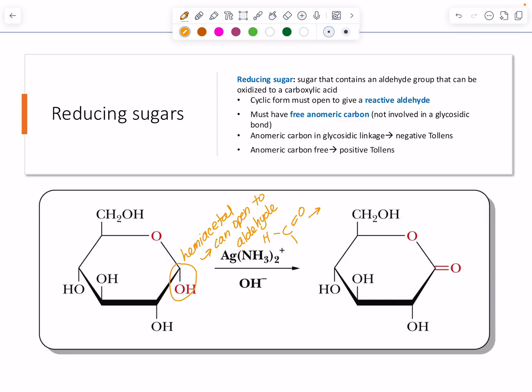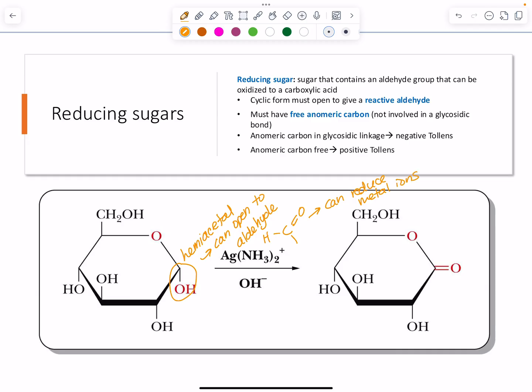Aldehydes open to reveal a free carbonyl group, and that's going to be able to reduce metal ions. So this here can reduce metal ions.